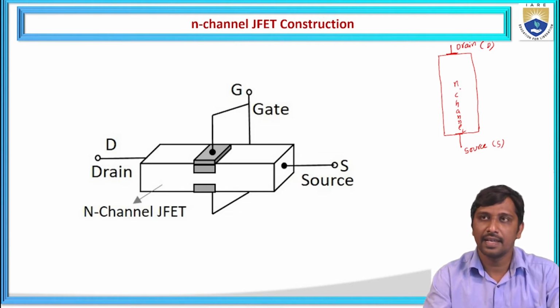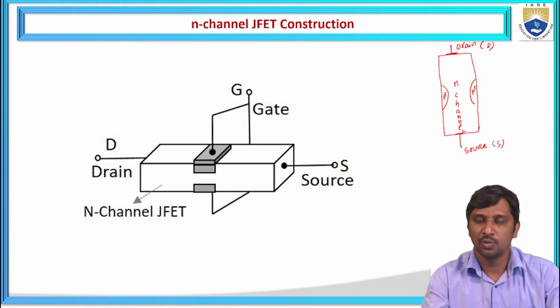If we take an N channel bar, the opposite two sides are doped with opposite material, and these doping concentrations are very high compared with the N type material. Since we need the opposite doping material, it is called P plus.